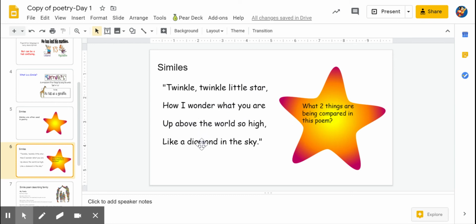Our famous author put the simile in the last line, like a diamond in the sky. So, what is being compared with what? Well, the diamond is being compared to, look up to that first line, the star, right? Good.